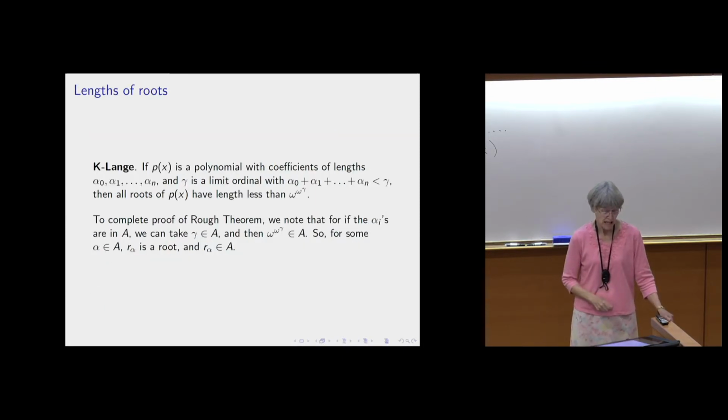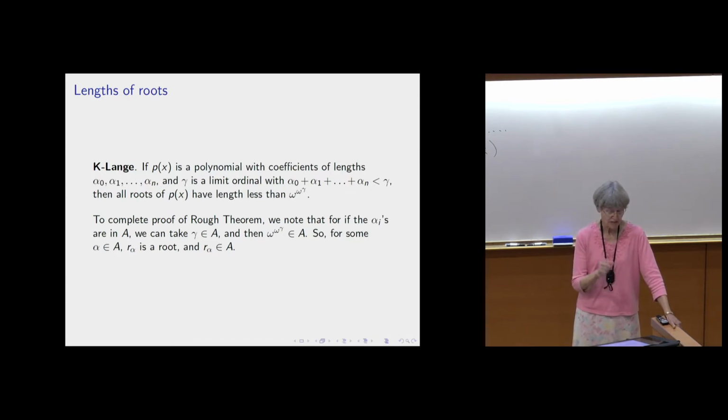So if P is a polynomial over our Hahn field, and the coefficients have lengths α_0, α_1, up to α_n, these are the lengths, and those are present because our coefficients were present in our admissible set.